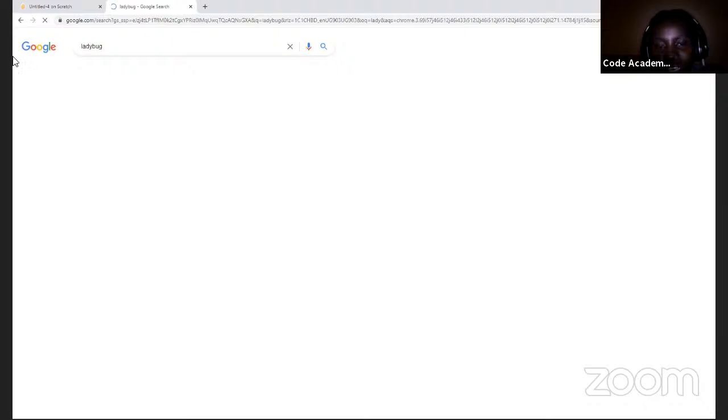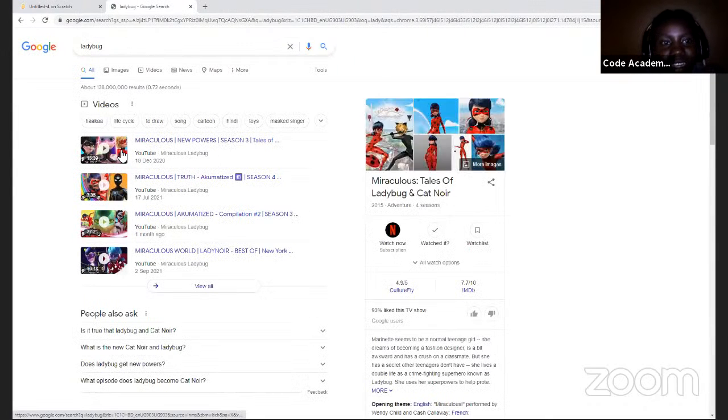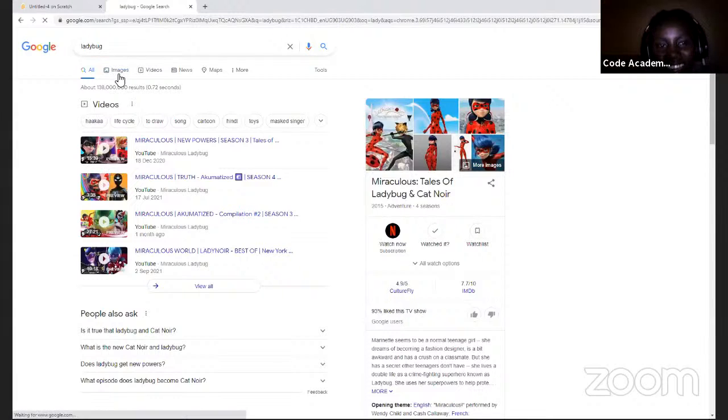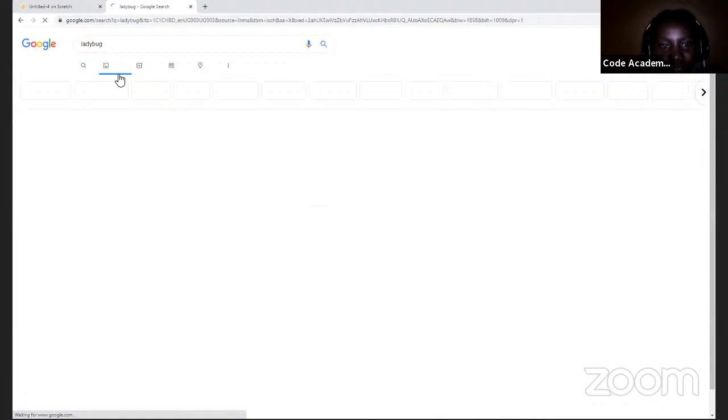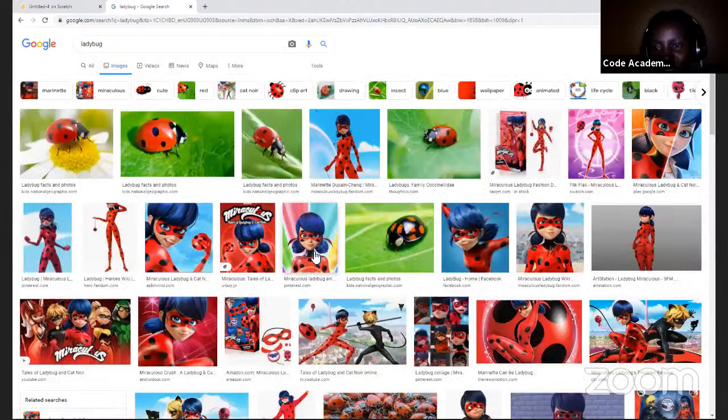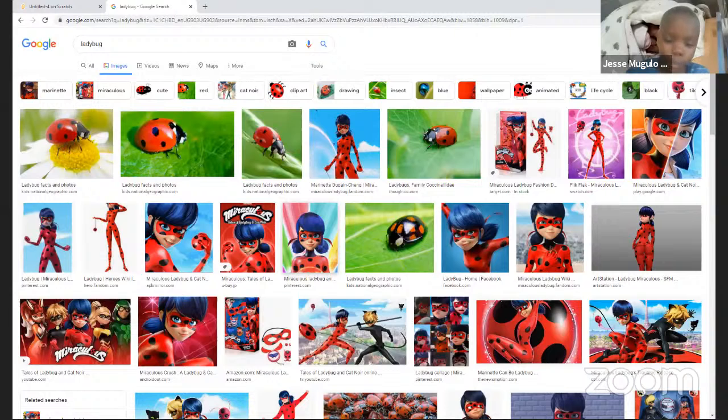Okay, choose it. So go to the images and then get a background. Alison, please choose a background you'd like to see in Scratch, so I can see which one you really want.